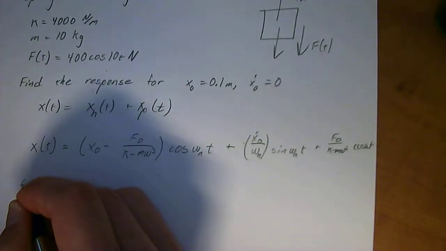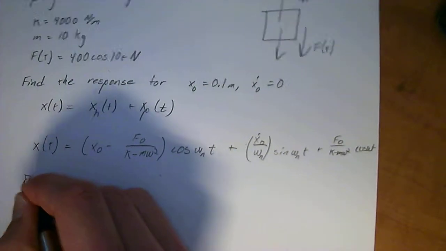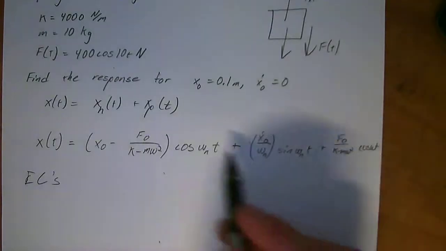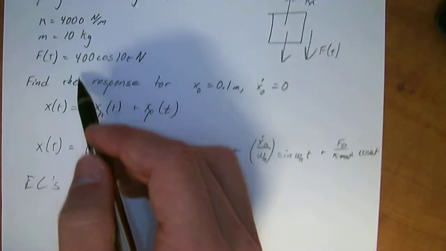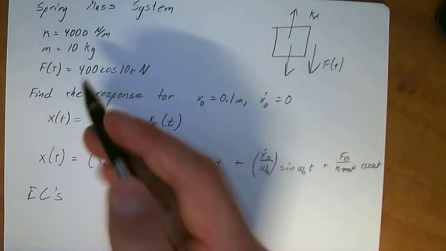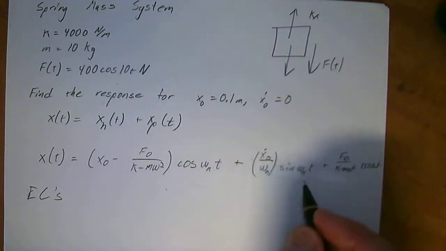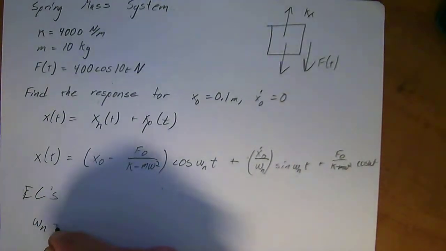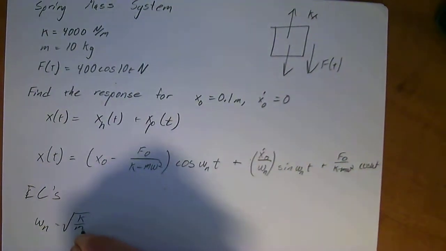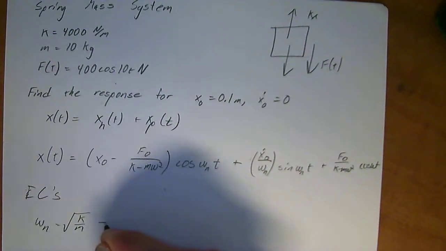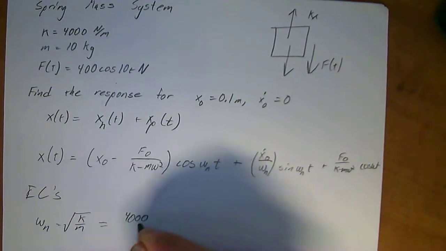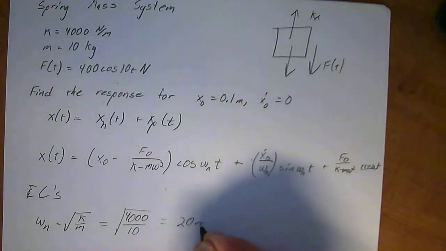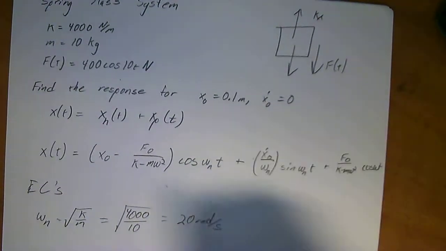Okay, so now, for our initial conditions, all we have to do is substitute these two values and the values we have up here into this equation. Before that, we also have to find omega and omega n, which I forgot to mention. Omega n is equal to the square root of k over m, which is the square root of 4,000 over 10, which is equal to 20 rads per second.